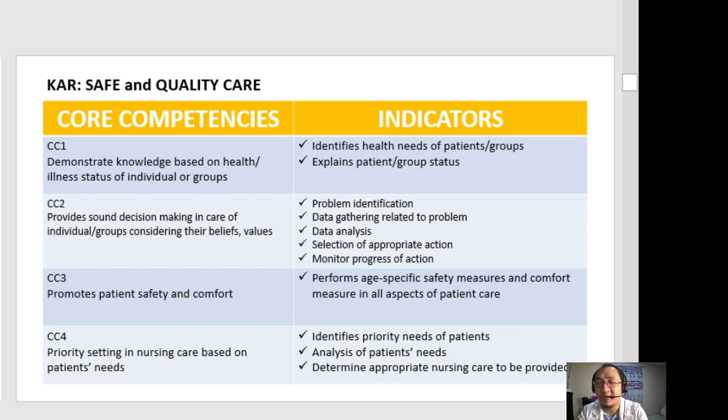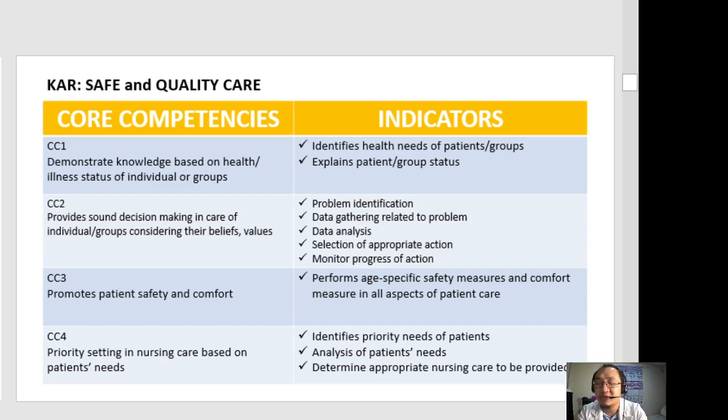Then number 4, priority setting and nursing care based on your patient's needs. Okay, so it's always based on the patient's needs. It's always based on the status of your clients. So it's not on the comfort of the nurse. It should be on the comfort, on the status, on the condition of the patient.